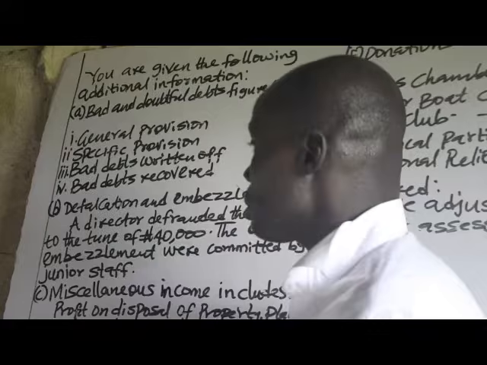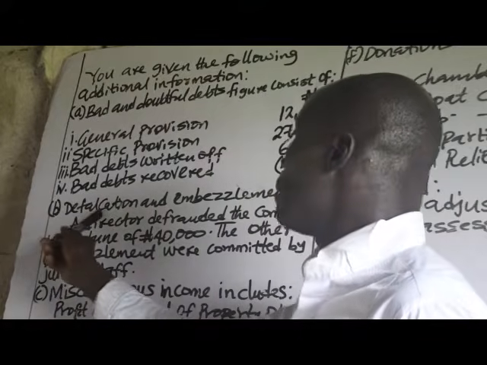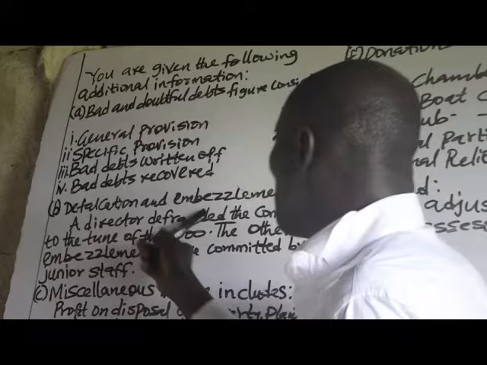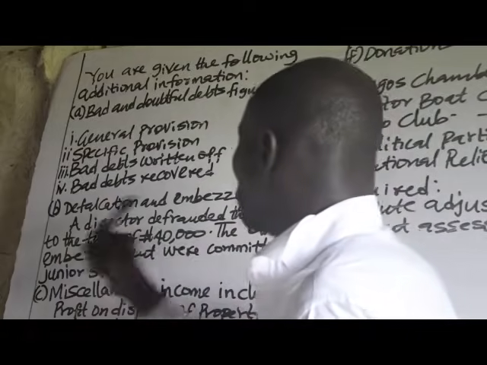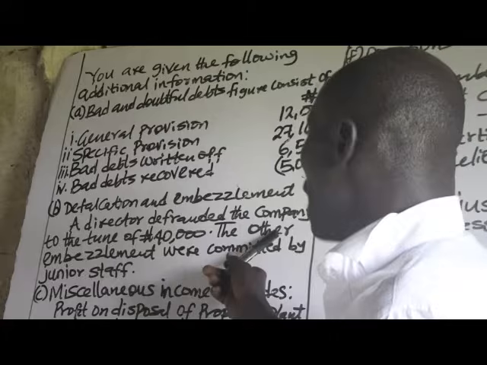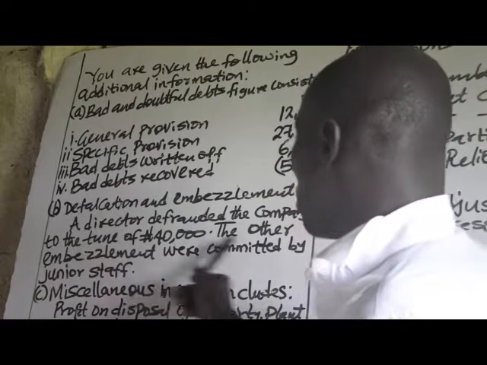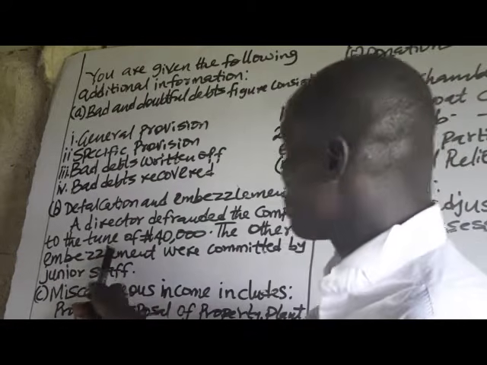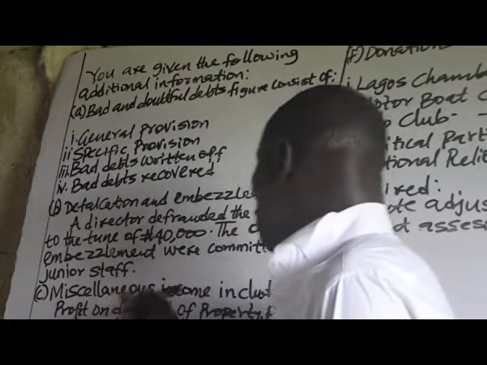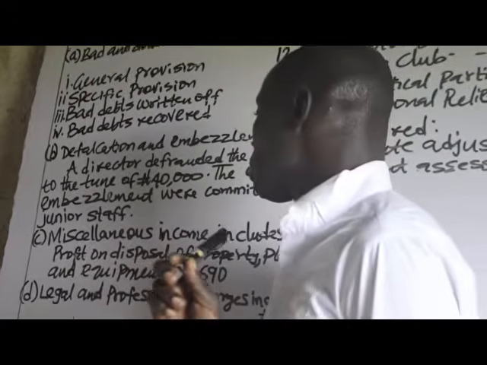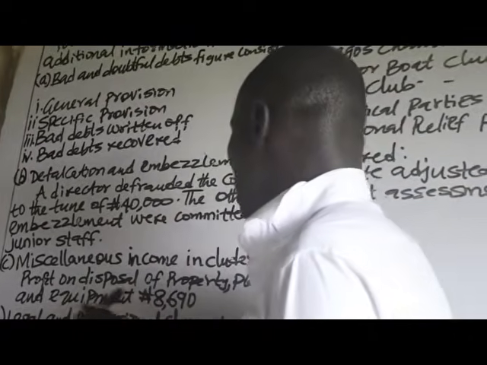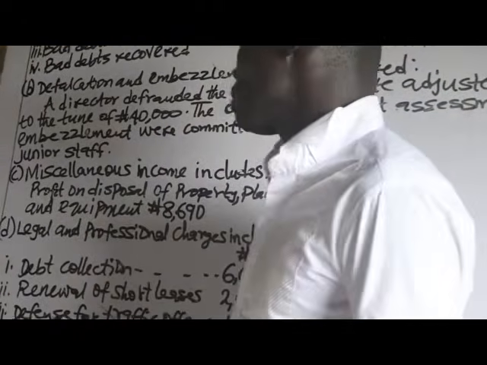B. Defalcation and embezzlement. A director defrauded the company to the tune of 40,000 naira. The other embezzlements were committed by junior staff. C. Miscellaneous income includes profit on disposal of property, plant and equipment 8,690.